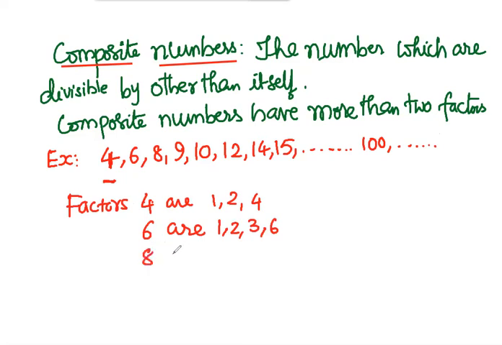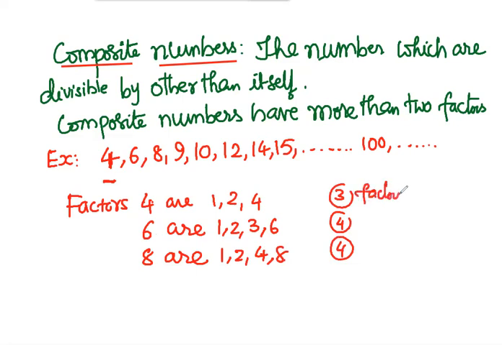Factors of 8 are 1, 2, 4, 8. 1 times 8 is 8, 2 times 4 is 8. 4 has 3 factors, and 6 has 4 factors, and 8 has 4 factors. So every composite number has more than 2 factors. If we take 9, factors are 1, 3, 9, 3 factors like this.